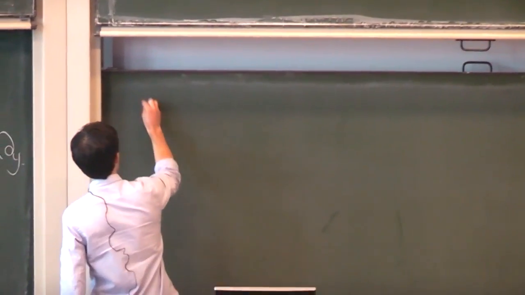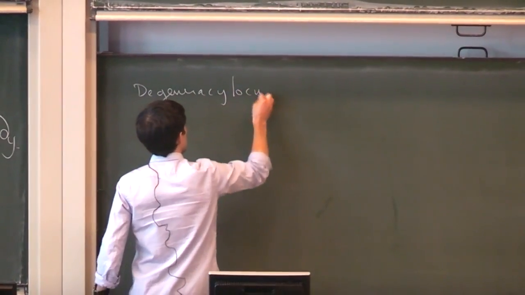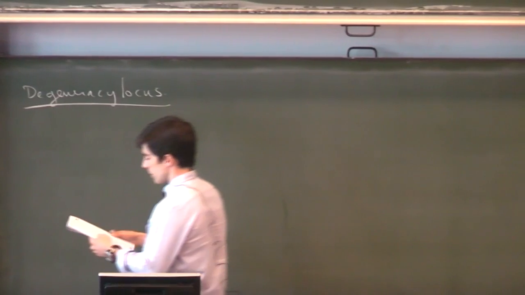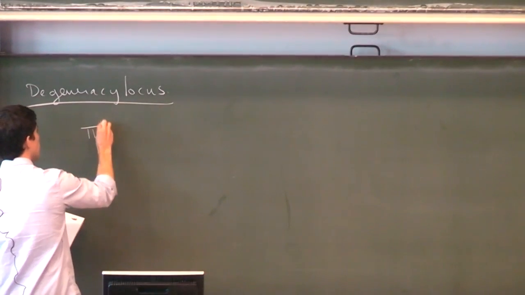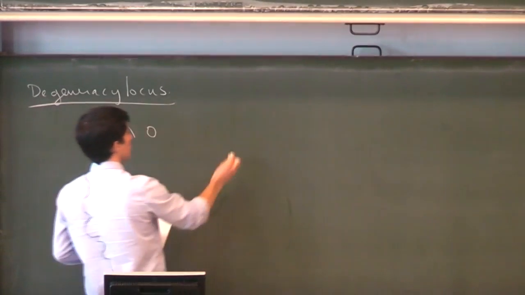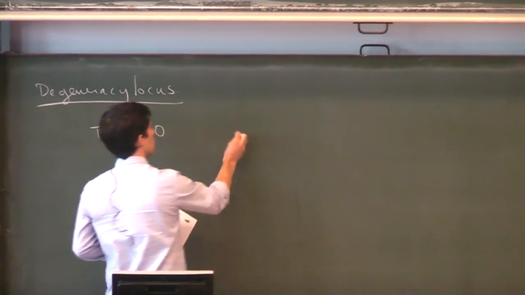So the degeneracy locus, the way that it looks, without going into too much detail: pi to the n vanishes transversally, so this means that along its zero set, I can take its derivative.